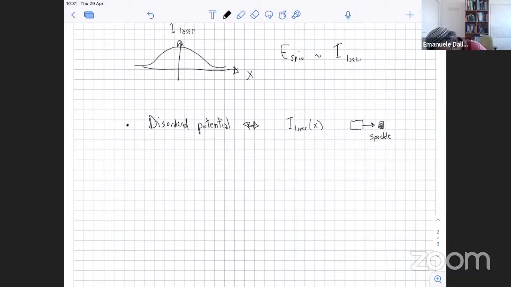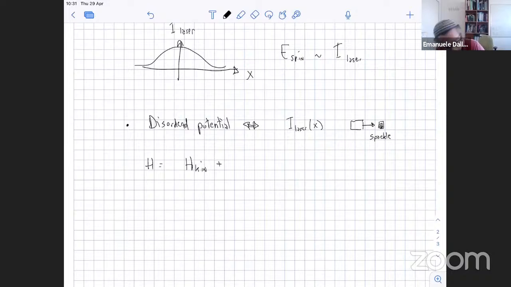The way we model it is by thinking of these atoms that are trapped. What we have is basically some free electrons, sorry, not electrons, atoms. So the Hamiltonian is going to have two parts. The first part is just the kinetic energy of the atoms, plus some potential.